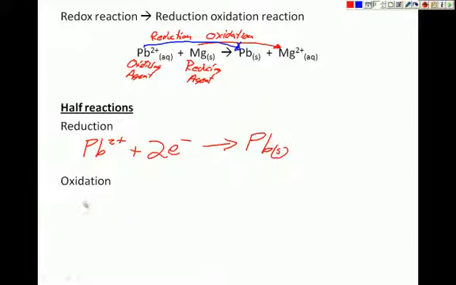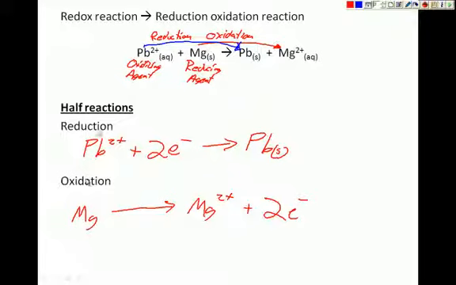And oxidation is losing electrons. So we have magnesium solid, and it is losing 2 electrons to make magnesium ions and 2 electrons.